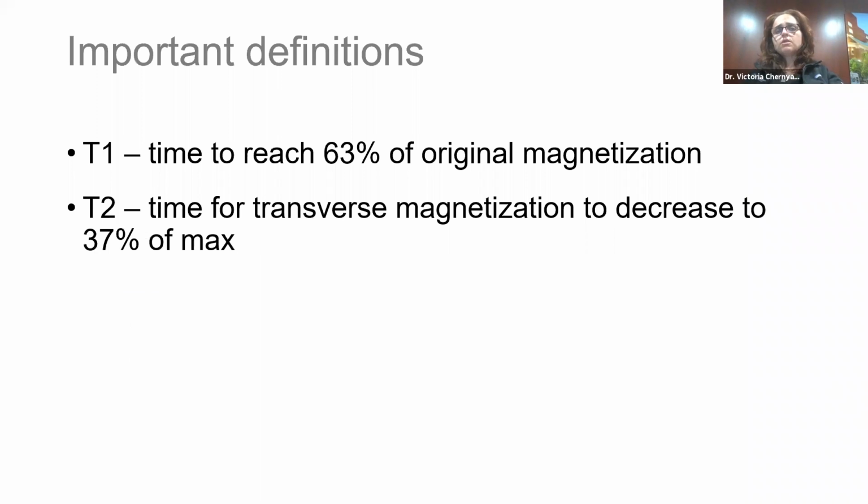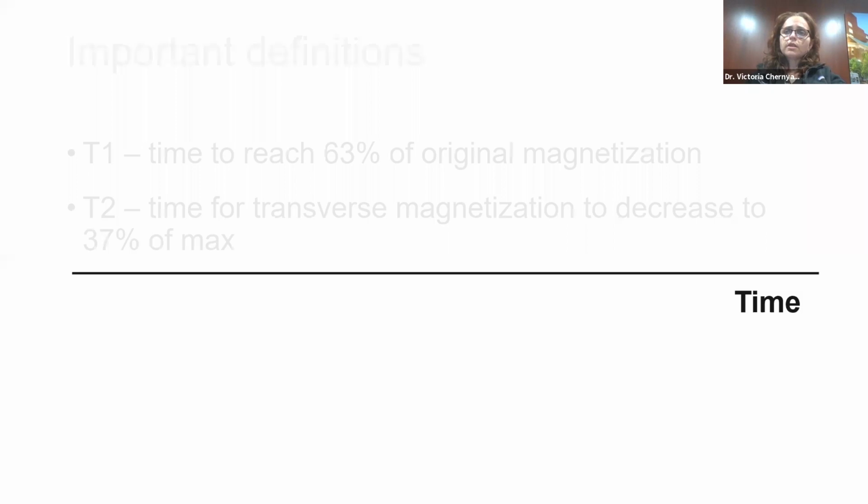So again, T1 is the time to reach 63% of the original longitudinal magnetization. And T2 is the time for transverse magnetization to decrease to 37% of the maximum. So that's a little bit of the physics behind T1 and T2.